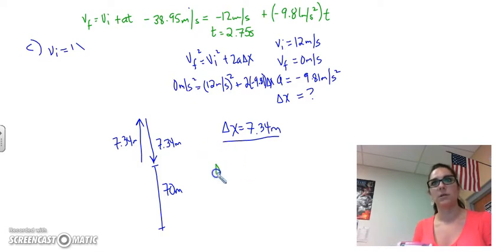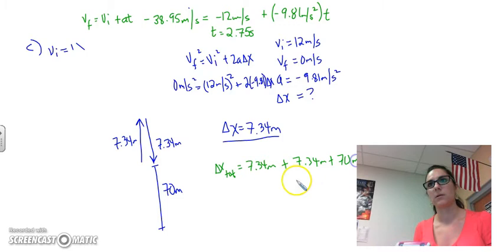So delta x total is 7.34 plus 7.34, my apologies, plus the 70. To add those 3 numbers together, I get 84.68 meters. And that's distance, not displacement.